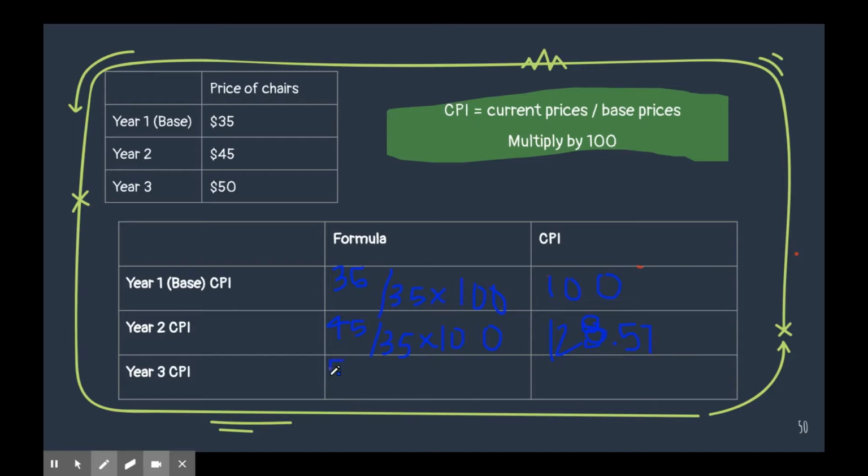Now our current price is 50, divided by 35 gives us 1.42, times 100, and we get 142.85.